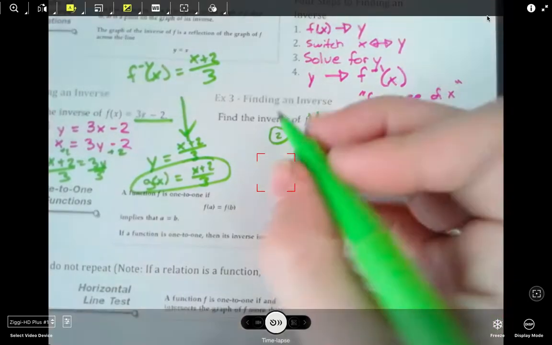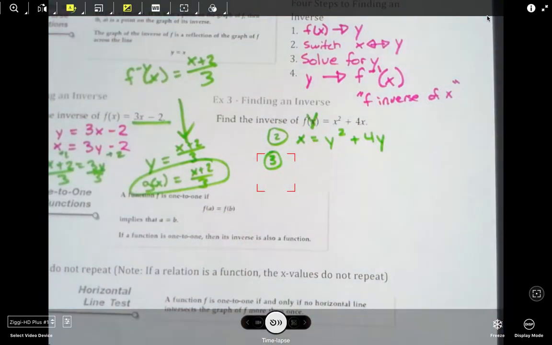Now the third step is that we have to solve for y. How do we solve for y when there's two y's there? It's a quadratic.